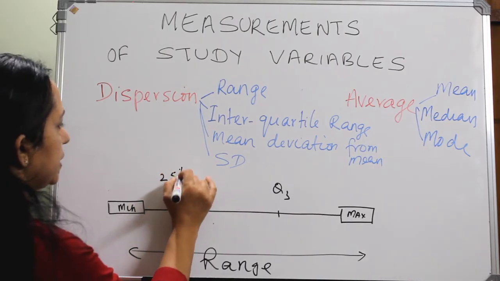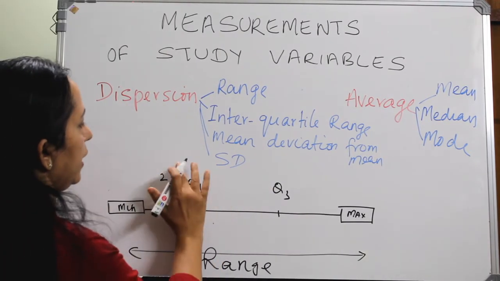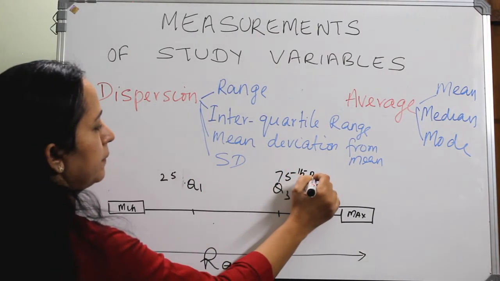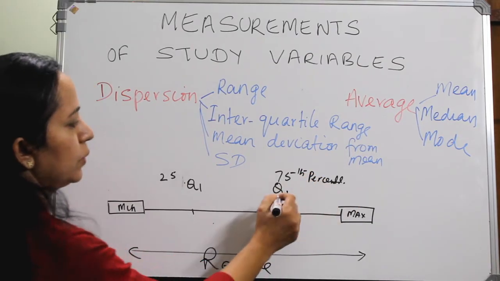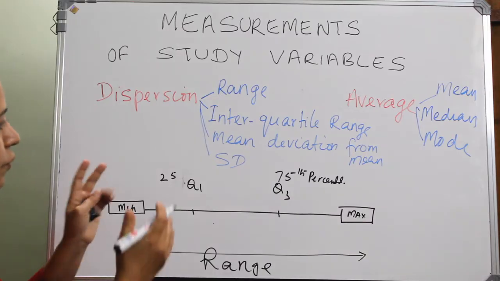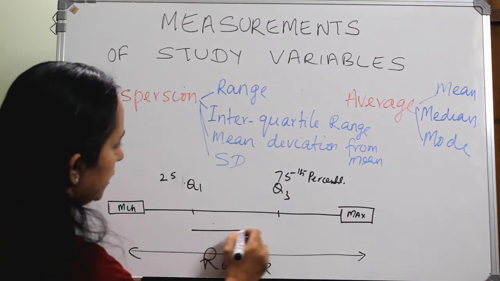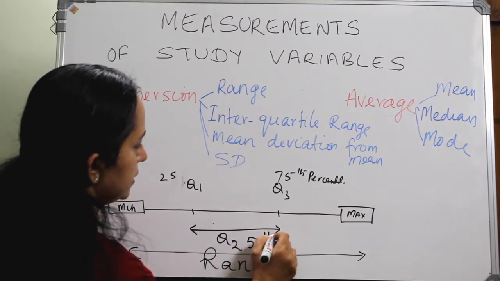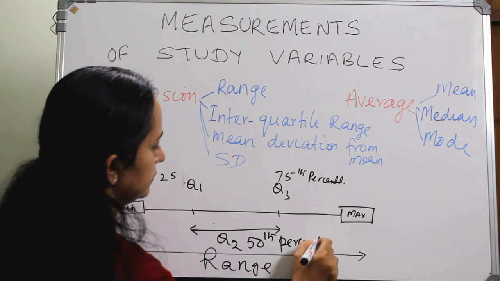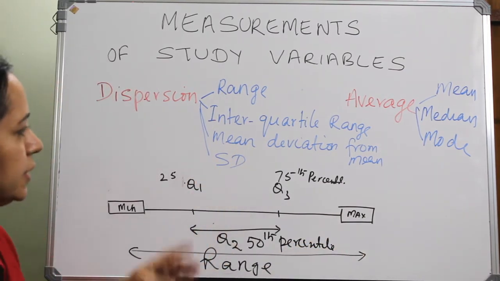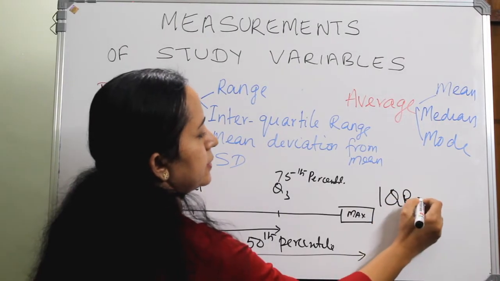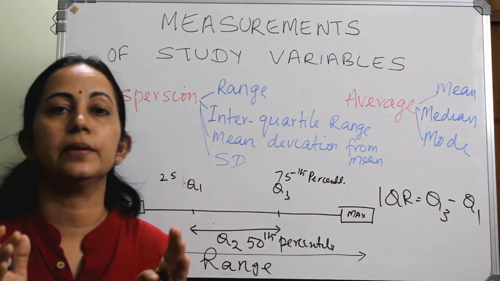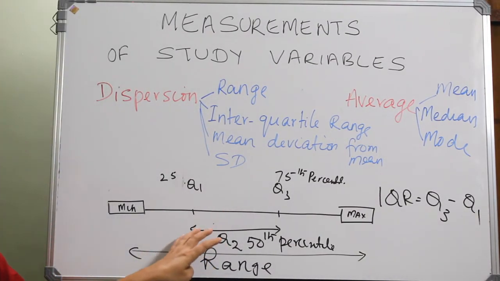So 25% will become the quartile 1, and the 75th percentile becomes the Q3. So what is that interquartile range? That is this part. This becomes the Q2 or 50th percentile, isn't it? So the interquartile range is Q3 minus Q1. You get the middle 50% of the values.